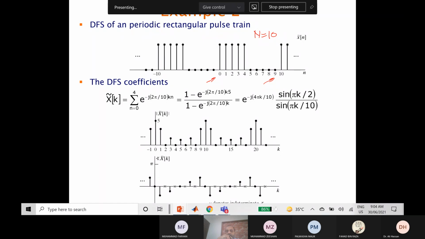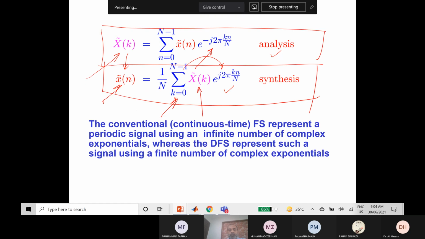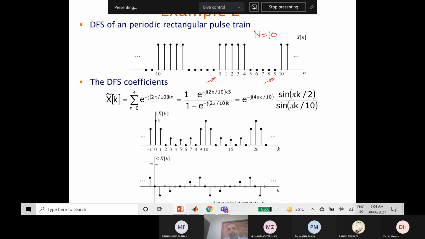Finding the contribution of the DC value is very simple. Why? Because if you look at this formula and put k equal to 0, the exponential of 0 is equal to 1. So the contribution of the DC value is that you just add all these samples together, and that tells you how much the DC value is. If you add all these samples, 1 plus 1 plus 1 plus 1 plus, there are 5 ones, so you get 5.